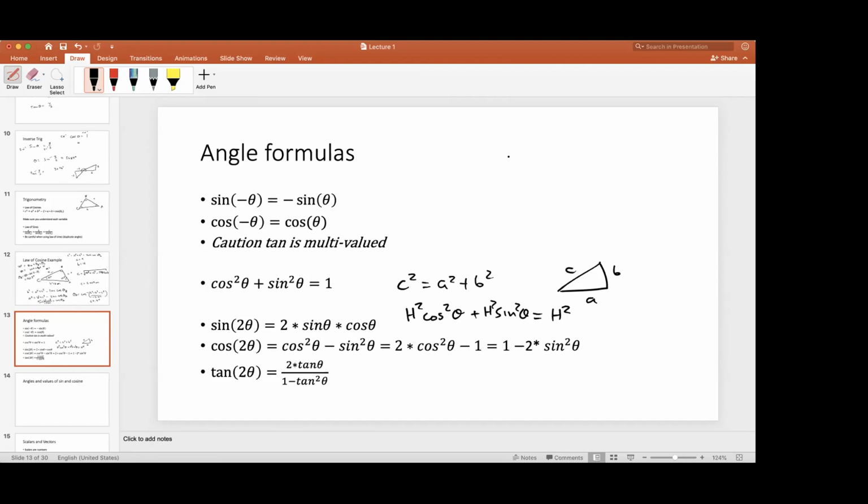The reason why sine of a negative angle is negative sine comes from the fact that if I go up, I have a positive angle, right? And if I go down, I have a negative angle, okay? Therefore, if sine goes below, it becomes negative. But more importantly, this is something called a right-hand coordinate system.